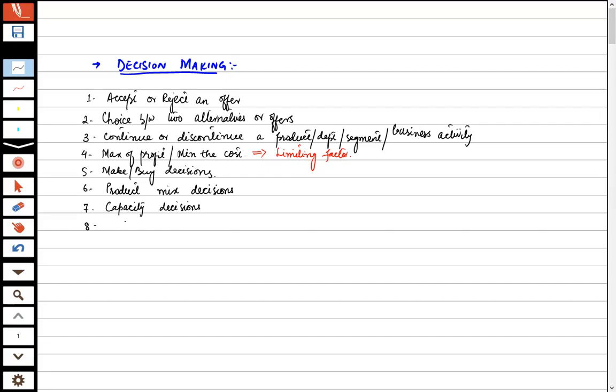Then pricing decisions, which is one of the important decisions. Then the decision for launching a new product: when to launch, where to launch, how to launch.